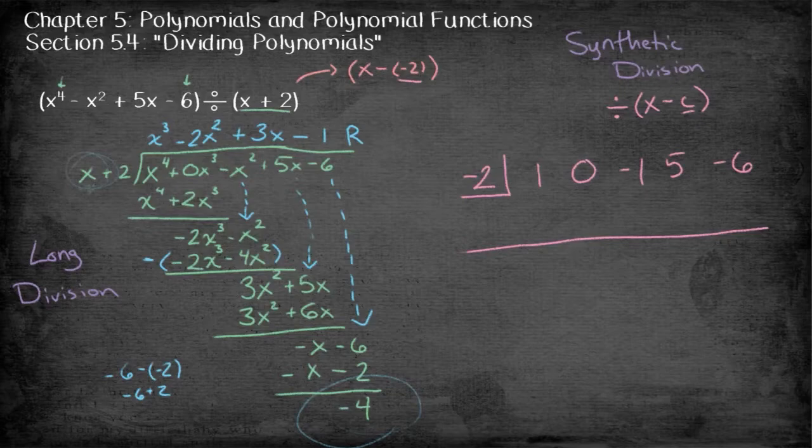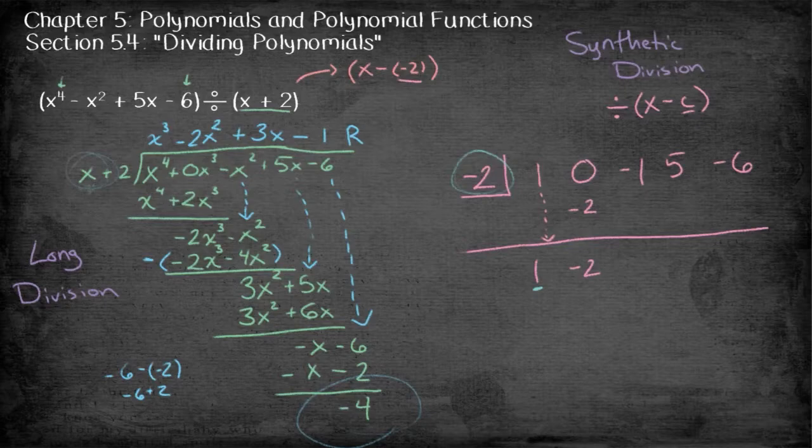So here's how this procedure works. We take this first number, and we're just going to bring it straight down. Next, what we're going to do is take this, and we're going to multiply it by our negative 2. So we get negative 2. Then we're going to add these two numbers together, which gives me negative 2. And then I'm going to do the same thing again.